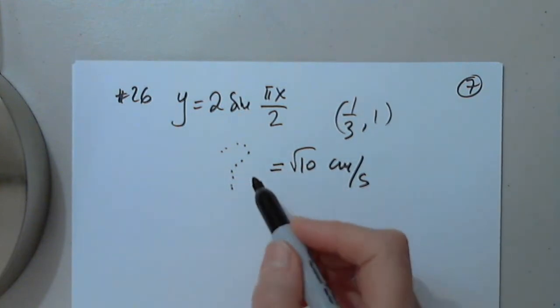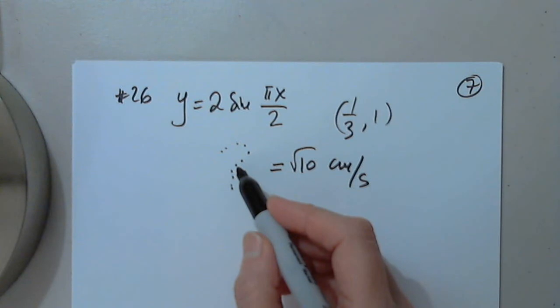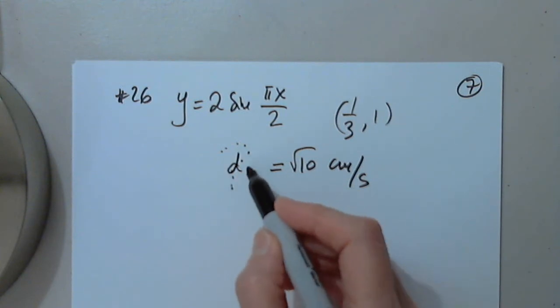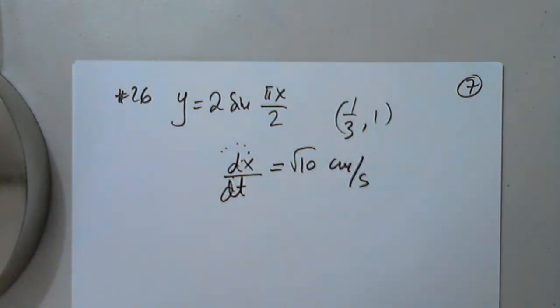Good. How do I write it? Excellent. dx over dt. Excellent. But because it's the x coordinate, I'm going to use x. Perfect. Great job. Okay, how fast is the distance from the particle to the origin changing at that instant?